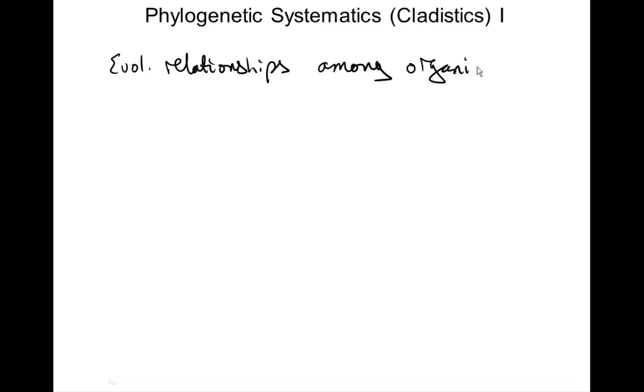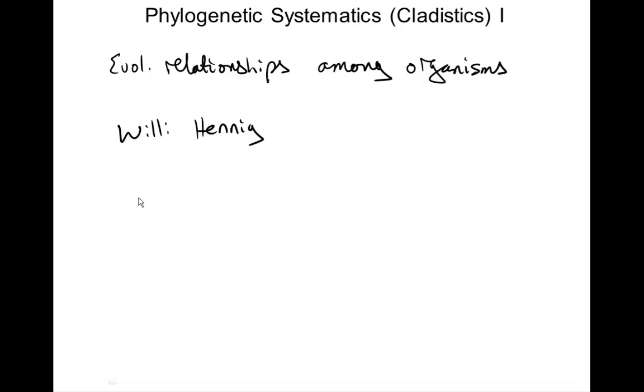So when we talk about cladistics, we're talking about a system that deals with evolutionary relationships among organisms, and that is really going to drive this classification scheme. It's based on an idea of Willi Hennig, who was a German entomologist working in the 50s, and he argued that classification systems should really reflect ancestor-descendant relationships rather than similarities.